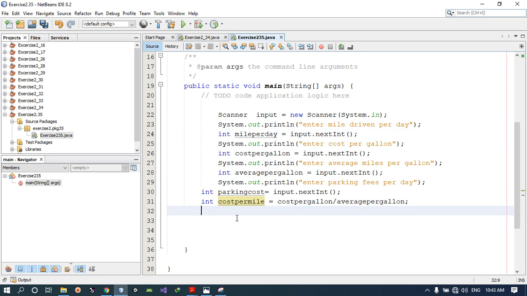And now we should have the per day driving cost.